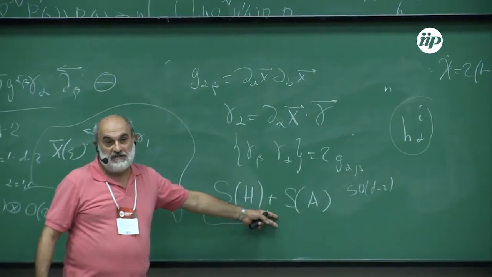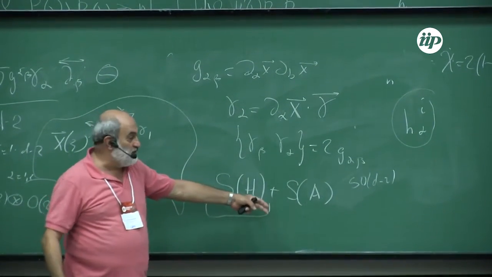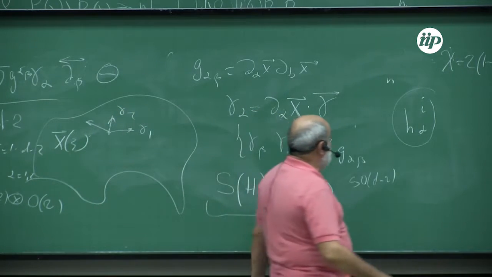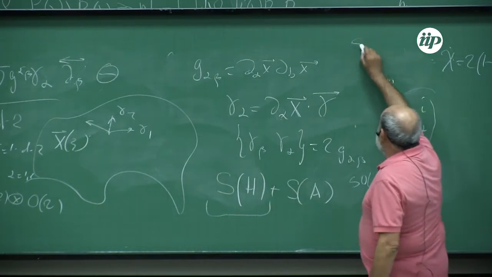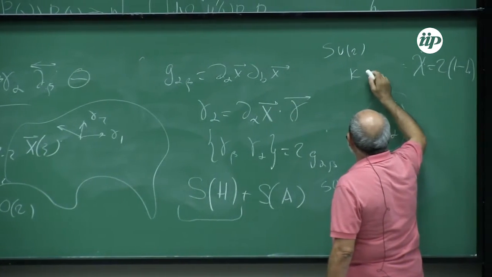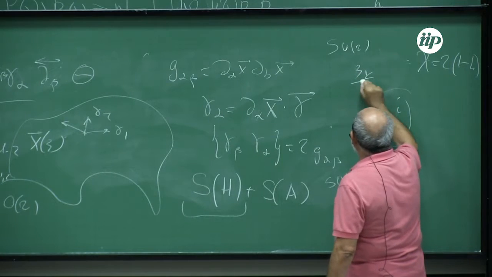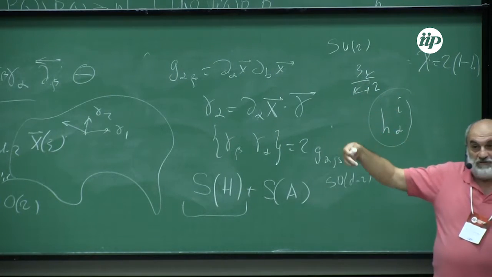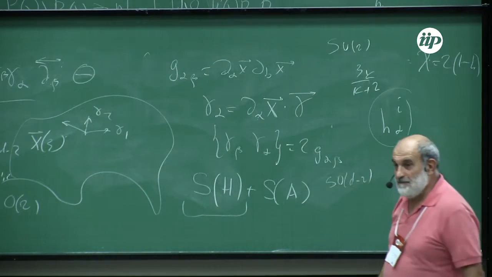Simultaneously, we will cross this c equal to 1 barrier because these theories have central charge larger than 1. For example, for SU(2) level k, the central charge is 3k divided by k plus 2, which, considering second level, is already higher than 1.